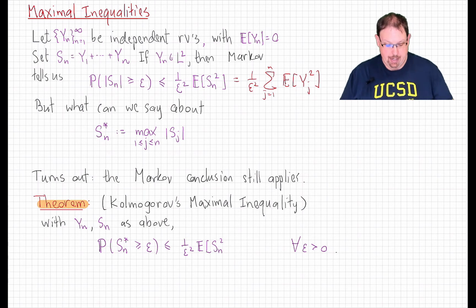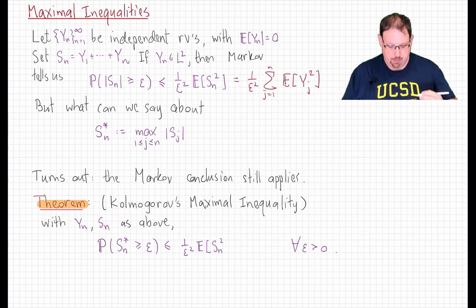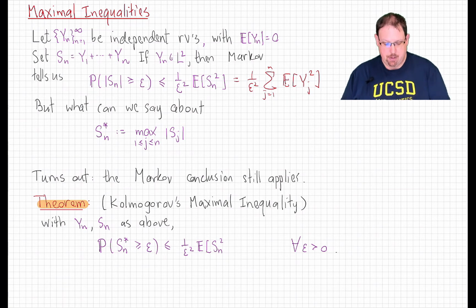With Yn and Sn as above, the probability that the maximum Sn star of the absolute values of the sums from 1 up to n is bounded above by 1 over epsilon squared times the same thing, the expected value of Sn squared. In fact, it's bounded by something that's potentially even smaller. We can add in here the indicator that Sn star is bigger than or equal to epsilon.